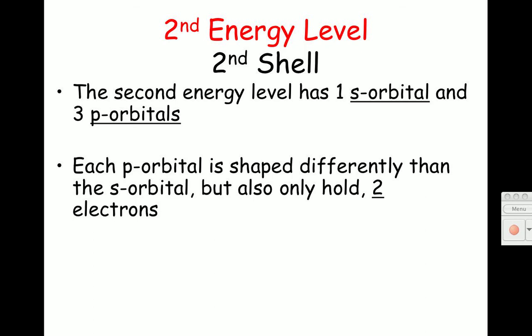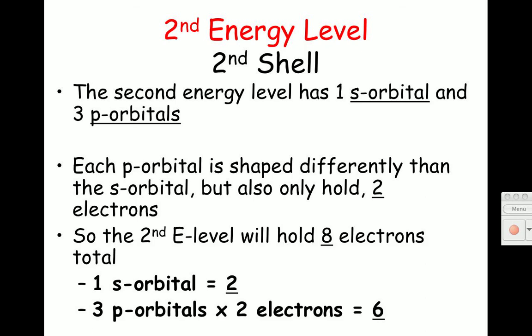So if I look at the second energy level in total, it will hold 8 electrons. The s orbital will hold only 2, and then it has 3 p orbitals, each of which holds 2 electrons. So 3 times 2 gives me 6, and 6 plus 2 gives me a total of 8. And these are what the p orbitals actually look like.